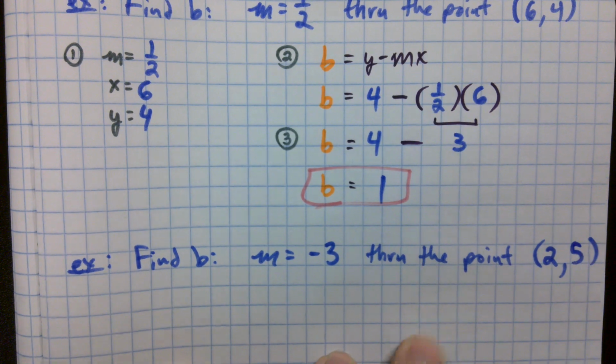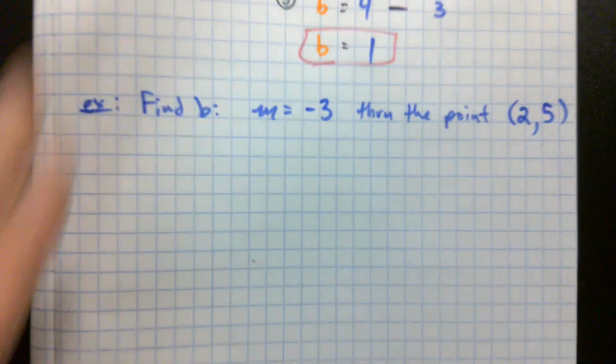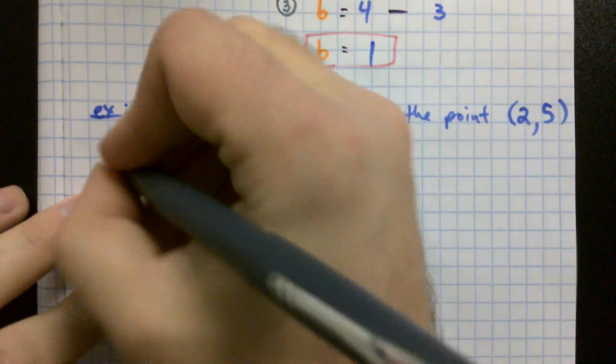Sure. Doesn't matter what point we use, we're going to be able to find some value of b, and this is just an imaginary line, so either way works. So the slope of -3 through the point 2, comma, 5.